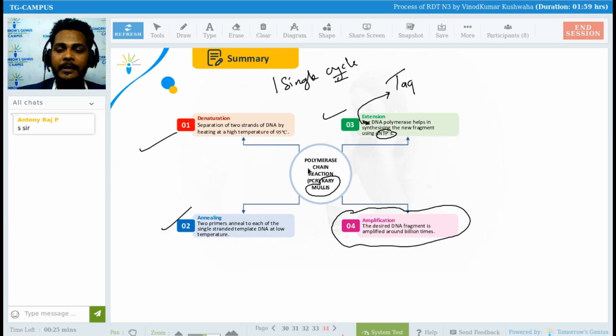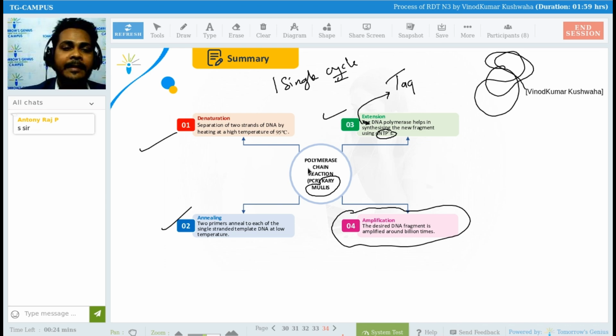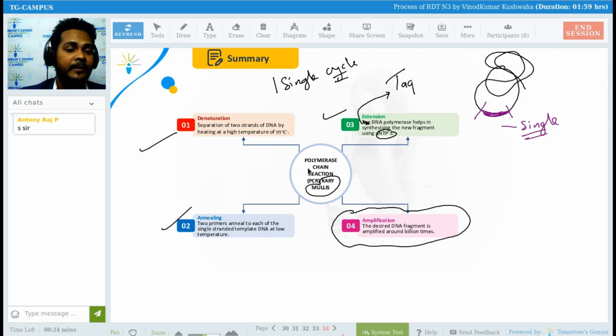Suppose you isolated DNA and your gene of interest is just a single segment. Now you want to multiply this single gene of interest n number of times. For that purpose you can do amplification.